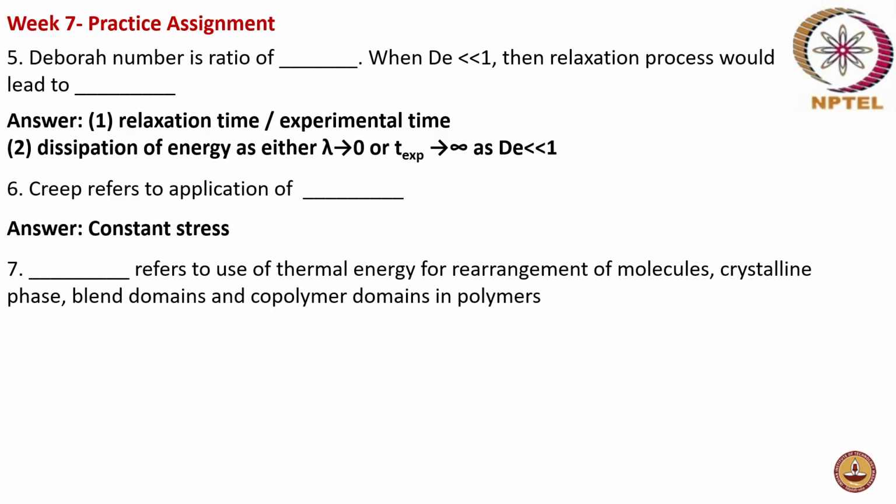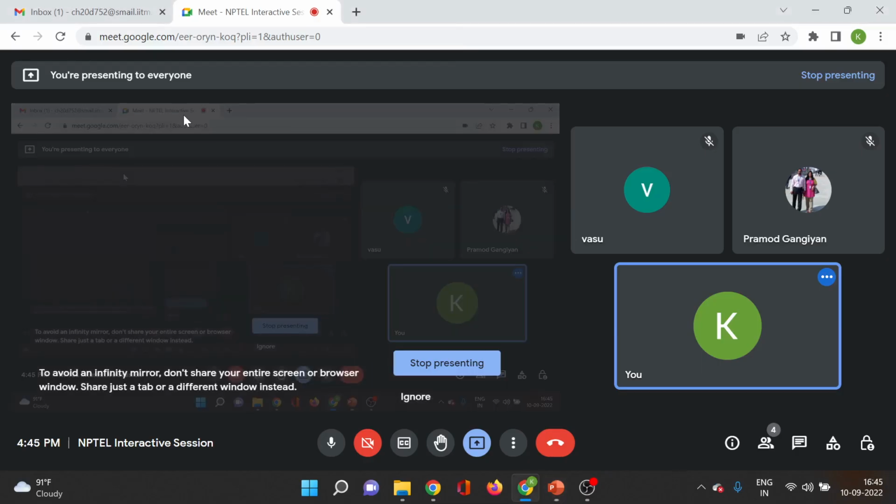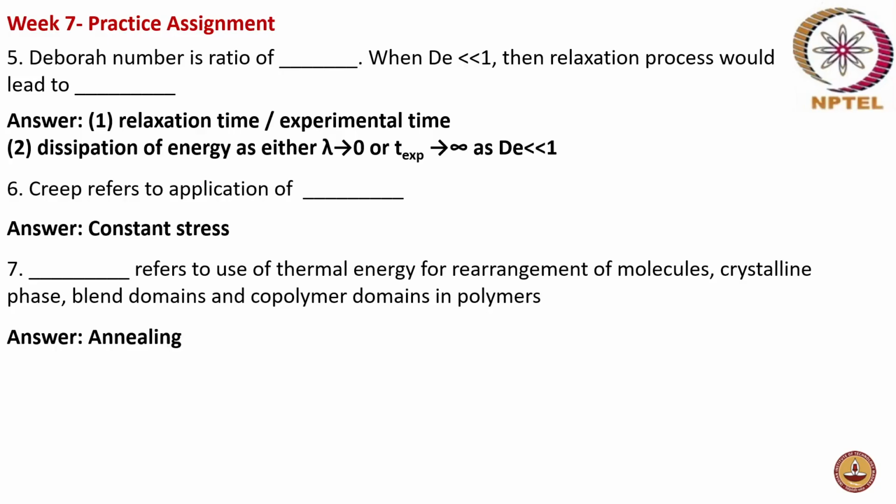Use of thermal energy for rearrangement of molecules. Nobody is answering? It's annealing. We discussed, right? So you have to remember the process in whatever way it is asked.